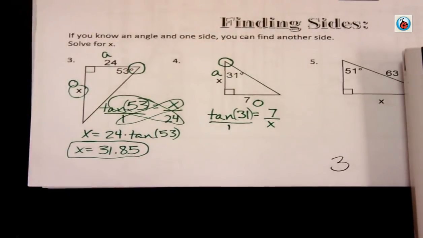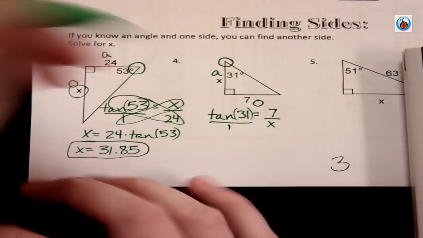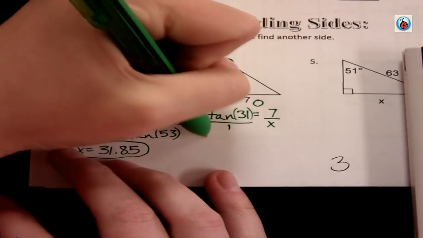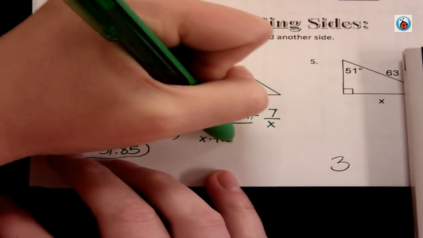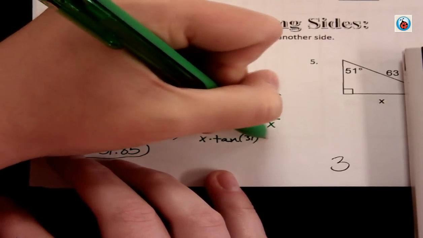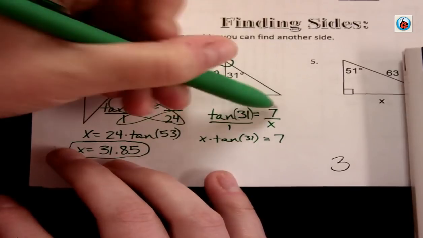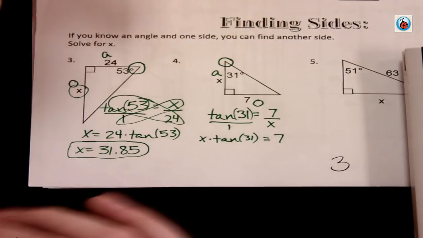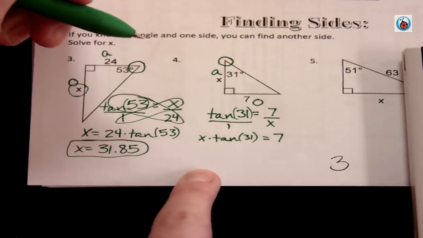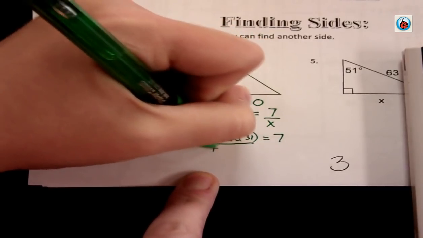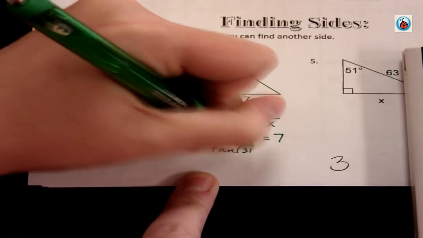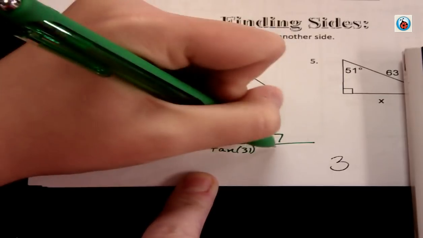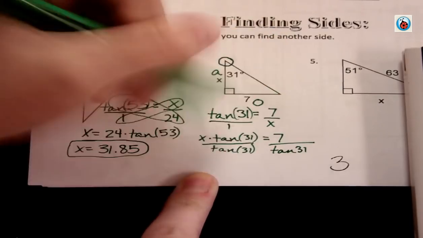This one looks a little bit different. The x is on the bottom here. So when we cross multiply, we will have x times the tangent of 31, and that is going to equal 7, because 7 times 1 is 7. But we want x all by itself, so we have to divide by tangent of 31.